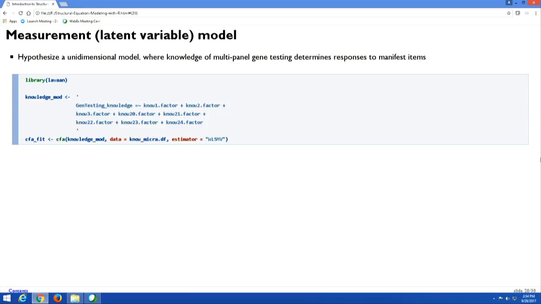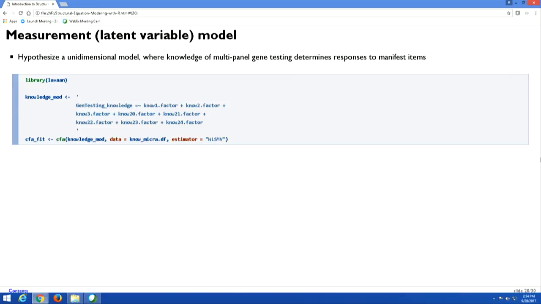In this case, I'm calling the CFA function, which stands for confirmatory factor analysis. And I'm assigning all the results to an object called CFA fit. So the first argument in the CFA function is knowledge model. So I'm just telling it, this is the model I want you to estimate, which I wrote above there. In this case, I'm having it read the raw data directly as opposed to me inputting a correlation matrix. So I say data equals no micro.df. That's the data frame or the data set that I want to analyze.